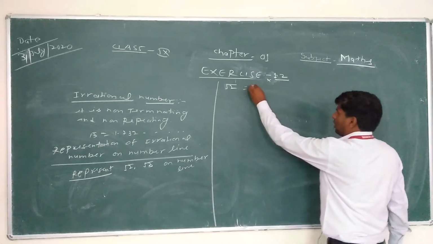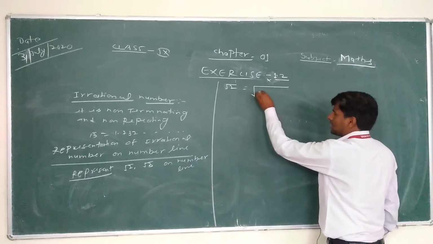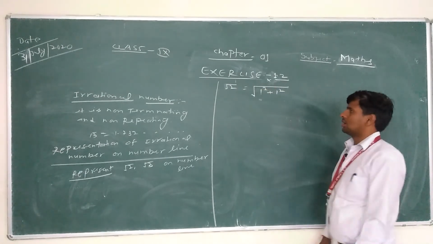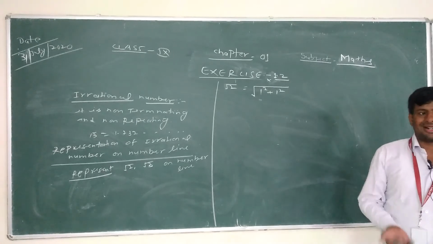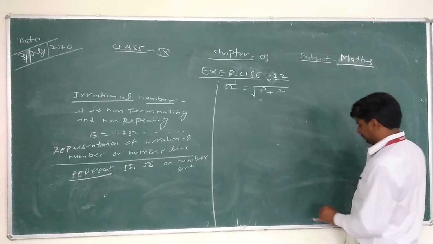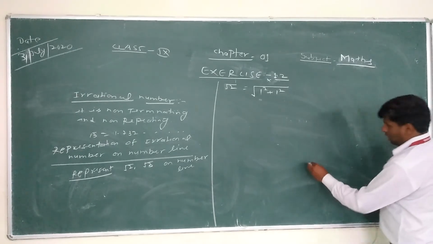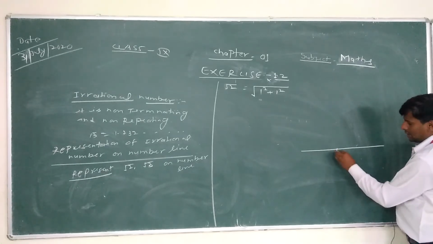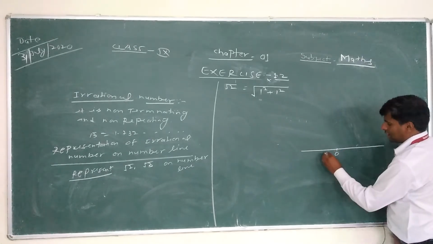So you can write down for root of 2, that is 1 square plus 1 square. Any problem? 1 square, that is 1, 1 plus 1, that is 2. Here, you can draw a straight line, center and left hand side negative number.